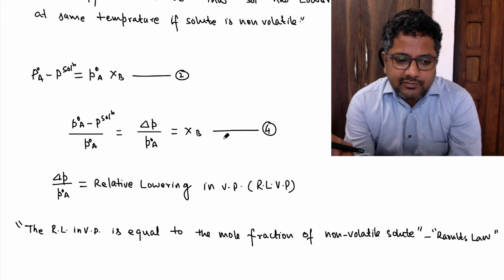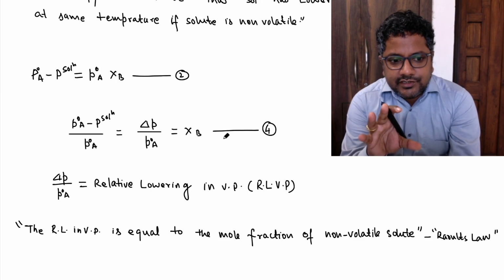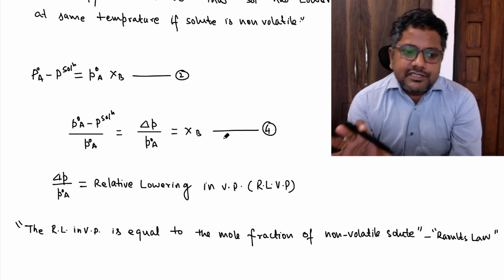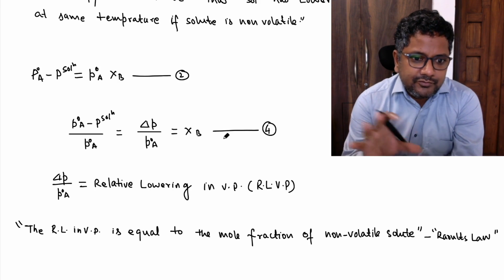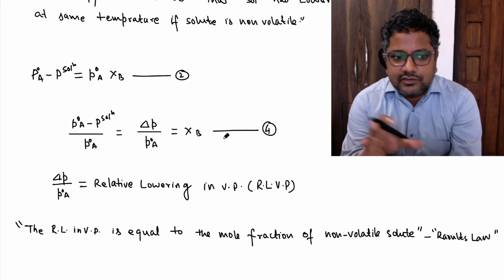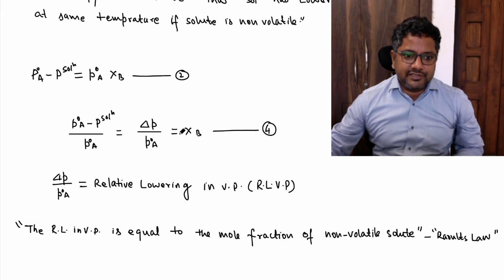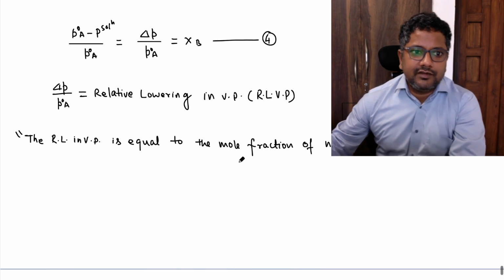Temperature of the experiment is constant, and the solution should be sufficiently dilute. If you take a very concentrated solution, this law will not hold, meaning the equality will not hold.